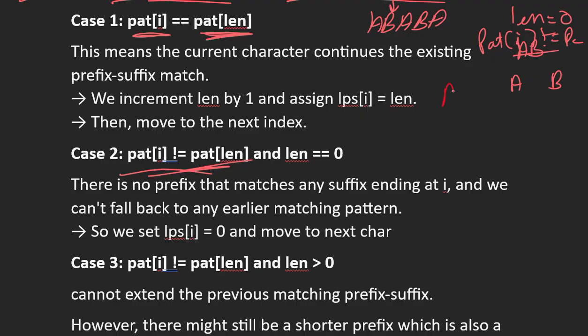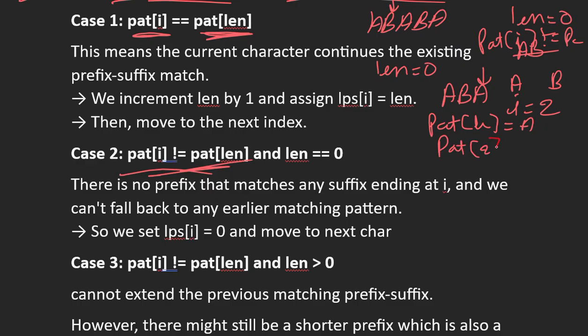Suppose we are at index number 2, that is I is equal to 2, and our length is equal to 0, because AB hasn't matched. So pattern of length, that is A, and pattern of 2 is also A. So both A and A are matched.